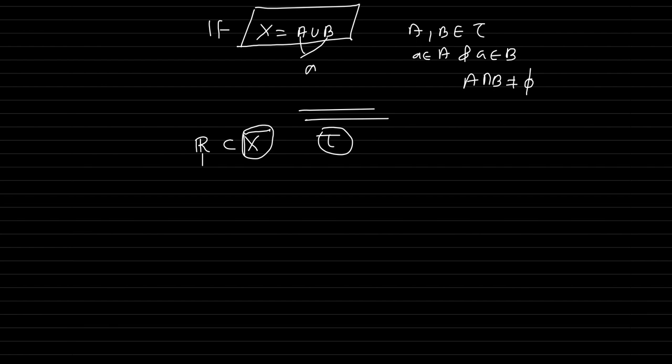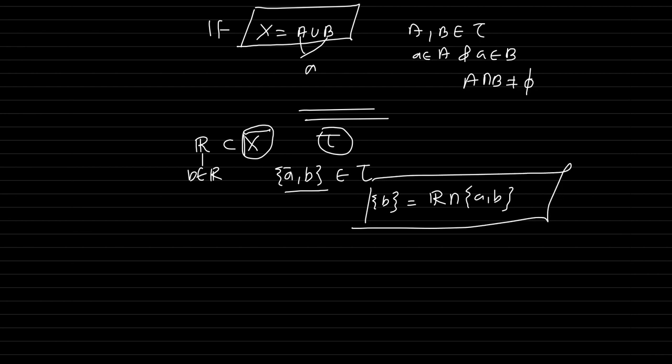Therefore for any b in R, the set {a, b} belongs to τ, which is a subset of X, and this subset contains the point a. Therefore this subset belongs to τ. And when we consider the subspace topology on R, it contains the singleton set {b}, because this is equal to R intersection the open set {a, b} in τ. Therefore every singleton set is open in the subspace topology.